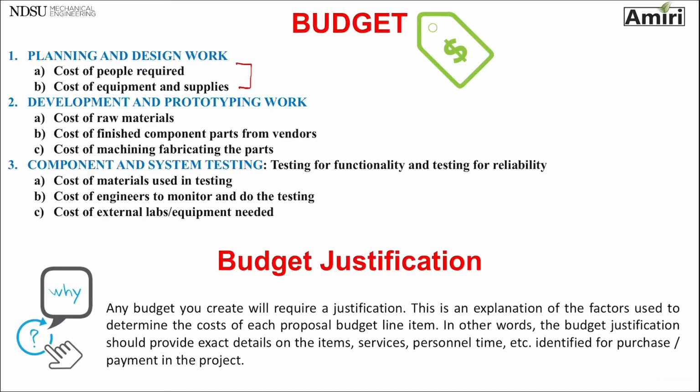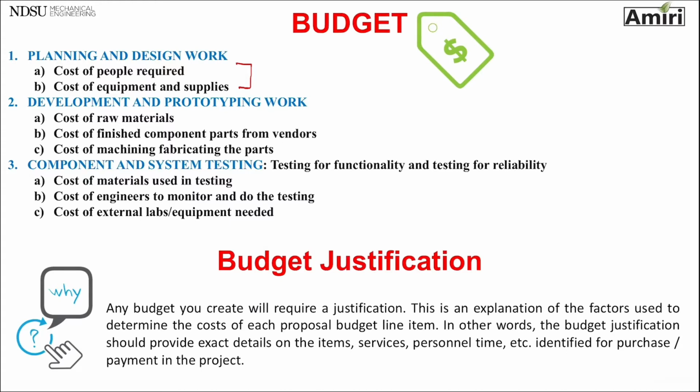The next step is prototyping and manufacturing your design, which is next semester, and that could be any raw material that you purchase, any fabrication and manufacturing fees that you pay, or any parts or components that you purchase.